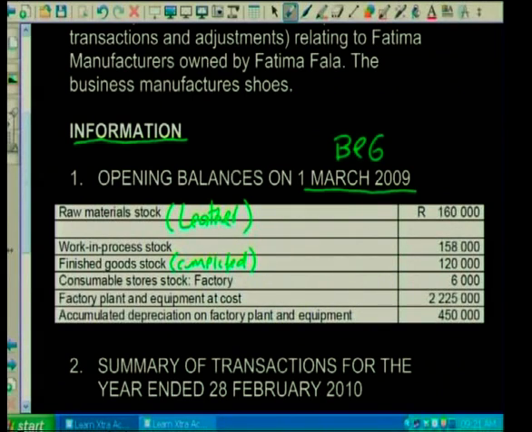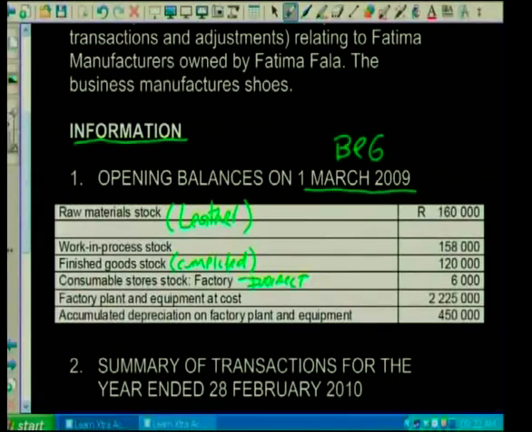Then we've got consumable stores stock, and you've got that in the factory. Consumable stores stock is an indirect stock item that is used, and in the case of shoes, such an item could be, guys, maybe your glue in order to stick the heel.